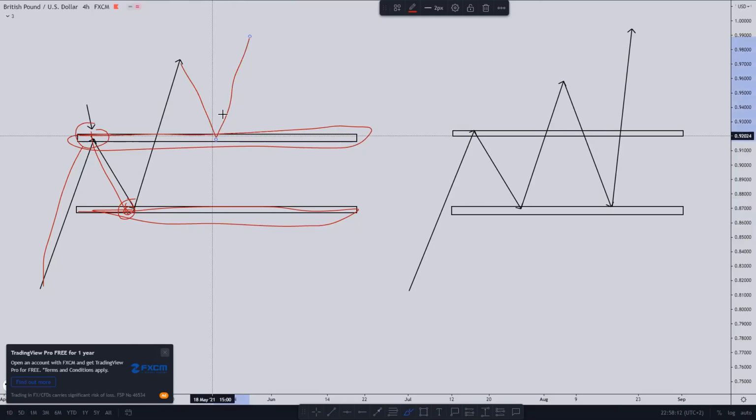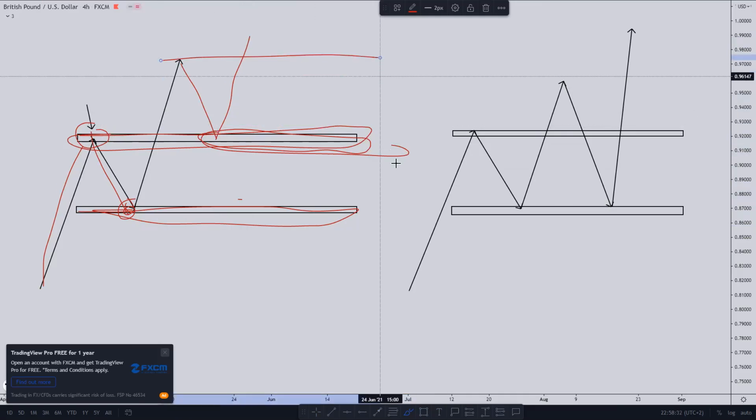If we don't have a new higher low, my mind is still in a downtrend. If we don't have a new higher low, then this is still valid. But at the moment we get a new higher low, then this becomes our new major level, right? And then we have this area here.